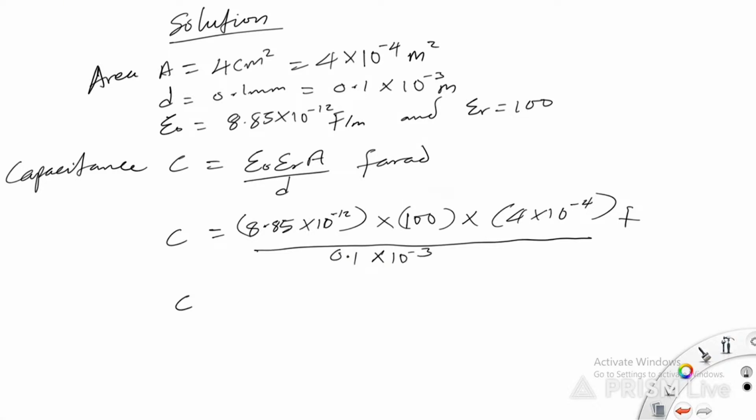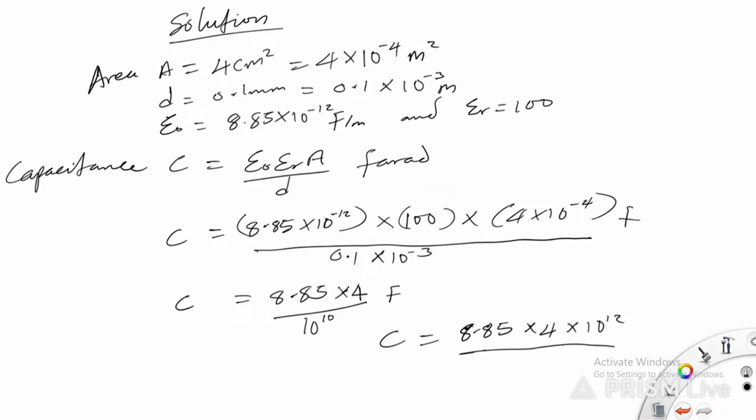So C now is equal to 885 times, all over 10 farad, where C is equal to 8.85 times 4 times 12 all over 10.